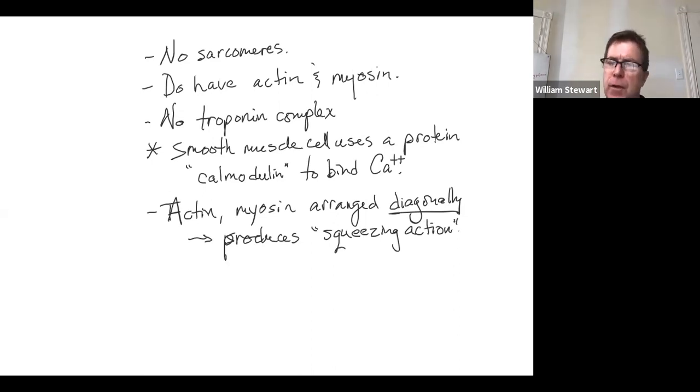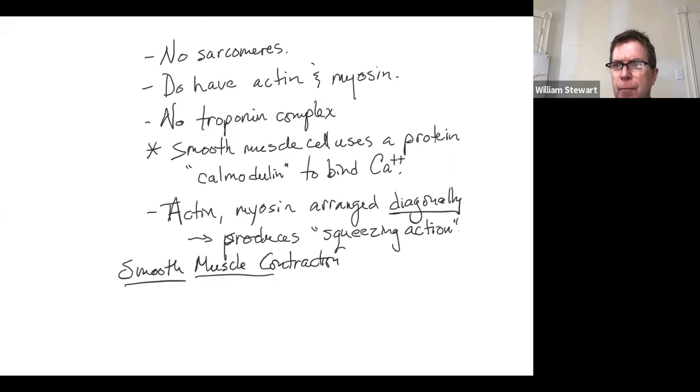Just going to briefly talk about some smooth muscle contractions, and we'll finish this up. So I'll write a header, smooth muscle contraction. There are connection points between smooth muscle cells called gap junctions.